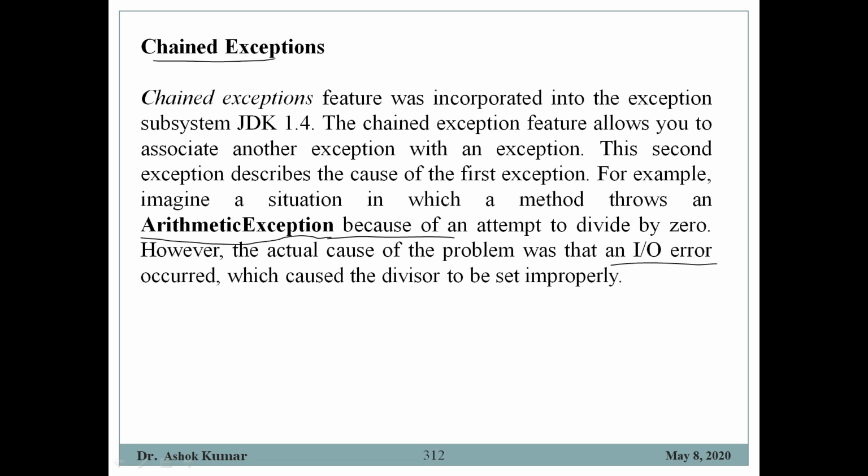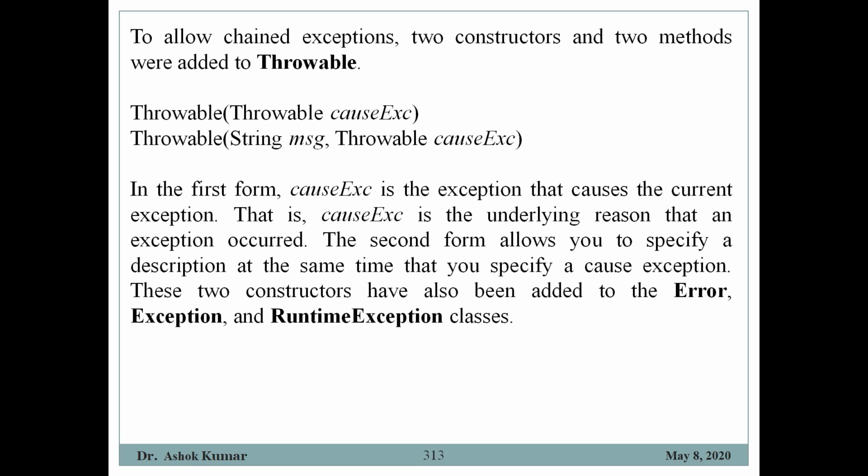In case of chained exceptions, we can use two constructors of the Throwable class, because the Exception class is inherited from the Throwable class. These constructors can be called through the super keyword. There are two constructors.